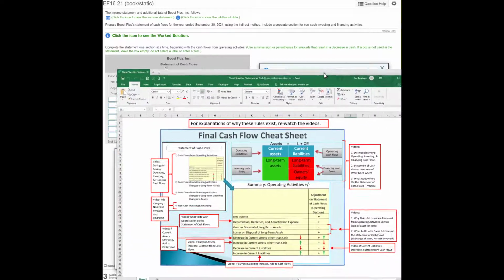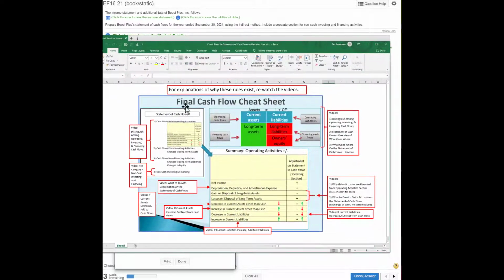And in case you forgot what goes where, remember we're starting with the operating activities section, which is blown up right here. And of course, if you forgot why these things are added or subtracted, you go back and rewatch these videos. So next on our cheat sheet, after net income is depreciation, depletion, and amortization.